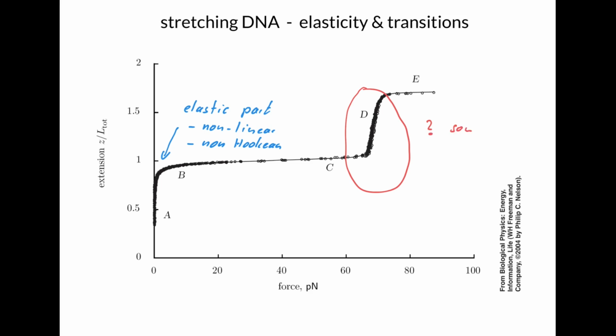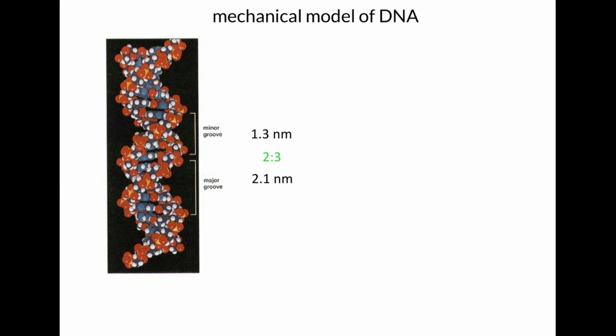in the DNA. Now, in today's lecture, we are only concerned with the low force regime, and in next week's lecture, we will be concerned with the second step that we see here, which points to a transition of the structure of DNA. So our aim now is to develop a mechanical model of the DNA without looking into all the details of every atom inside of the DNA.